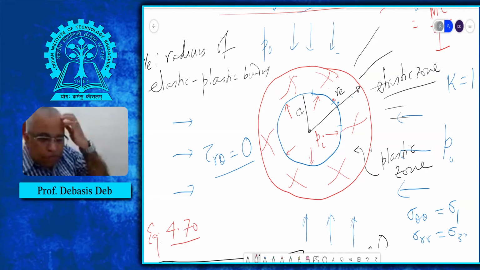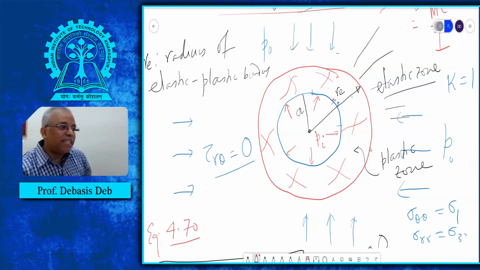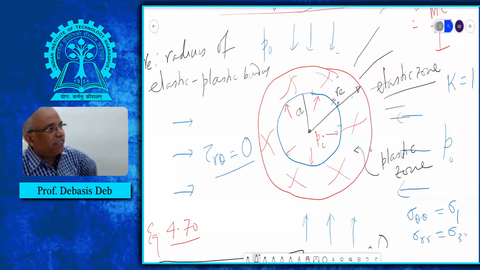Then if I know that pressure PI, I can decide what kind of support I require to stop this process. Finally, PI will be given in terms of support, either by steel arches, or by concreting, or by shotcreting, or by roof bolt. There are many different options we have.